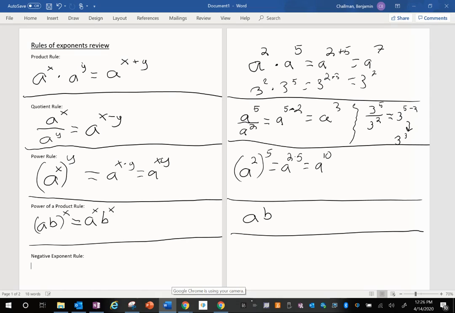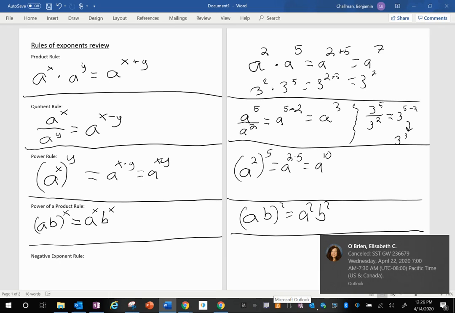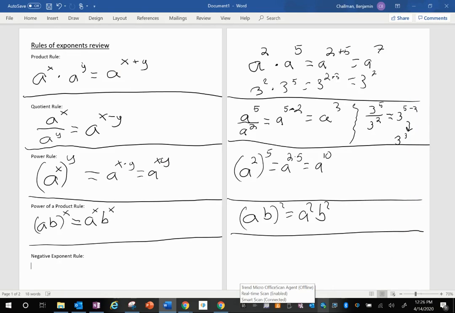A times b squared should equal a squared b squared. Notice we can't combine these like we did up here on the product rule because they have different bases. So I can't say this is ab to the fourth because it isn't, because these are two different bases here.